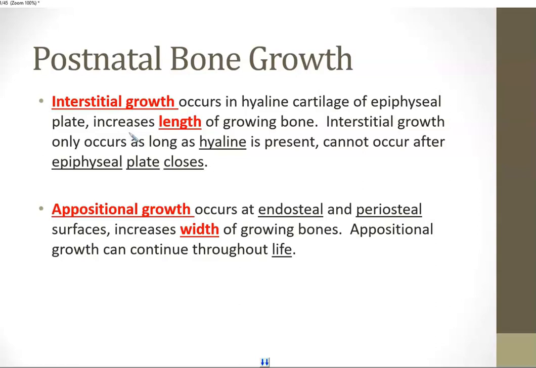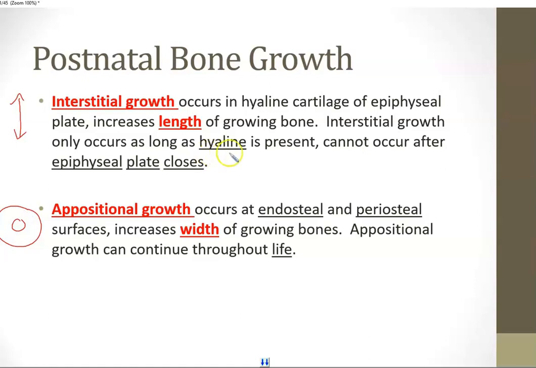So you have two types: interstitial growth and appositional growth. And what you really need to know, and we're going to go into interstitial quite a bit, is that interstitial is how your bones grow longer. So it's length, interstitial. And then appositional is how they widen, how they get wider around.